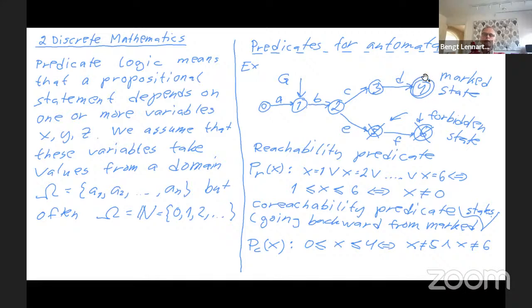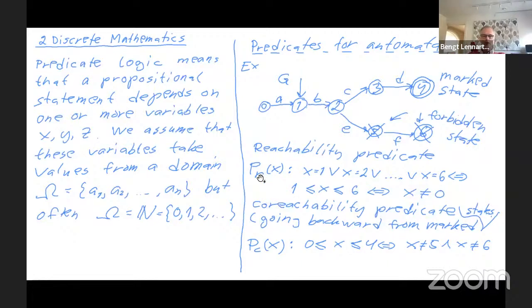So I say that state 4 is a marked state or a goal state. We really want to achieve this state 4, while we consider state 5 and 6 to be forbidden. I will come back to the motivation for this. But right now, I just want to formulate a predicate stating which states are reachable.